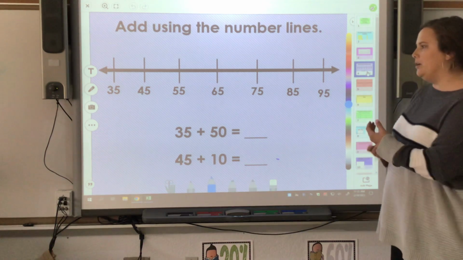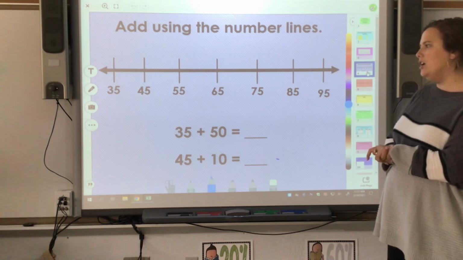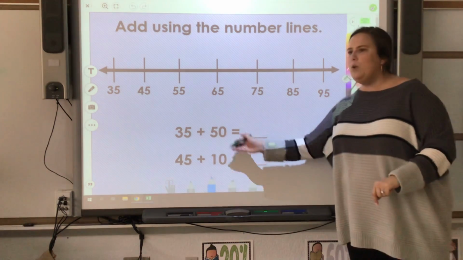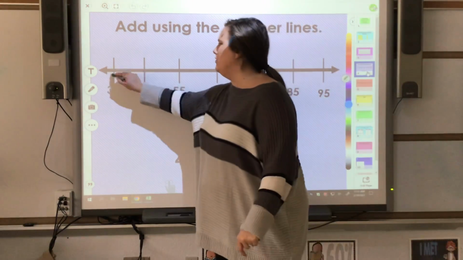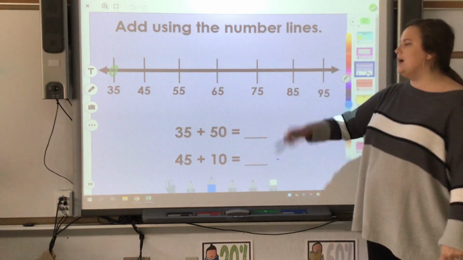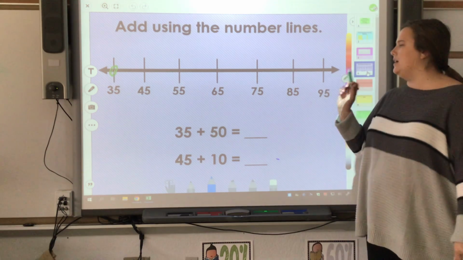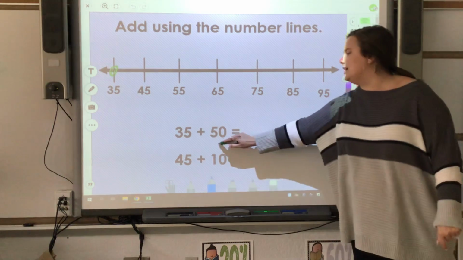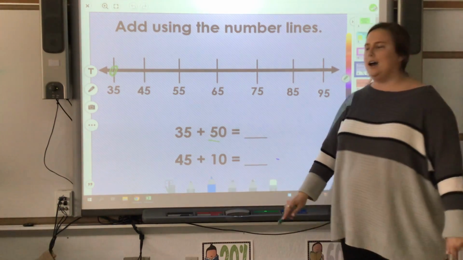Let's look at our number line and do one of these together. So we're going to look at our problem, 35 plus 50. We need to start at 35, but we're hopping over by tens, guys. It goes up by tens: 35, 45, 55, 65, 75, 85, 95. So how many tens are we hopping over? 5.